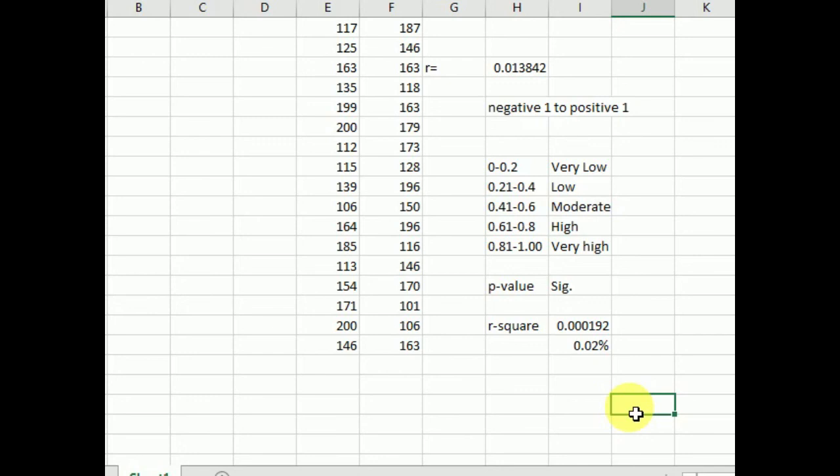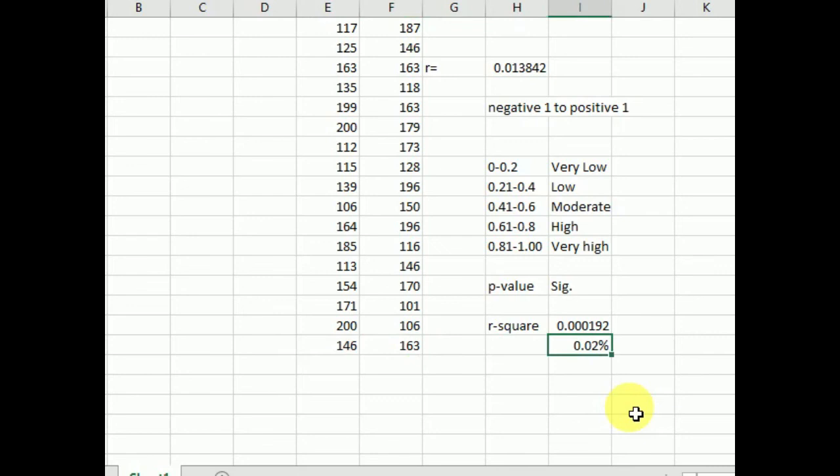Practically, what it tells you is the percent of the variance of the dependent variable being explained by the variance of the independent variable. So if you are comparing these two arrays, what this R square is saying is that you can actually predict the value of the dependent variable, but the degree of prediction is only 0.02%.